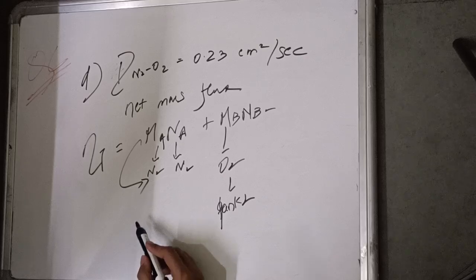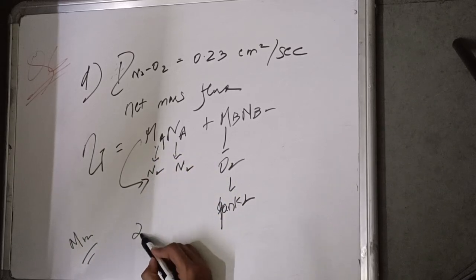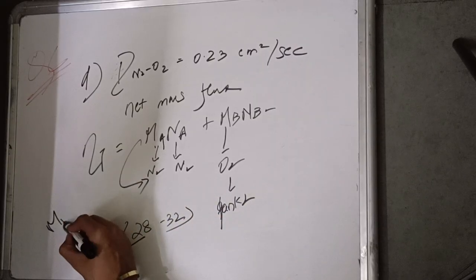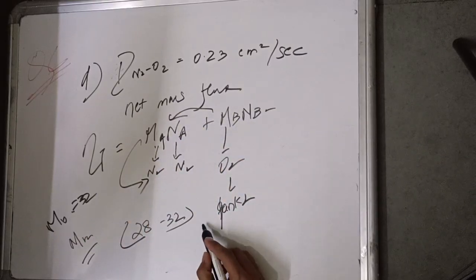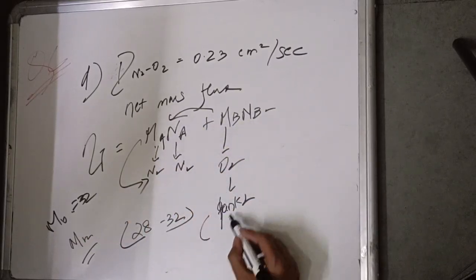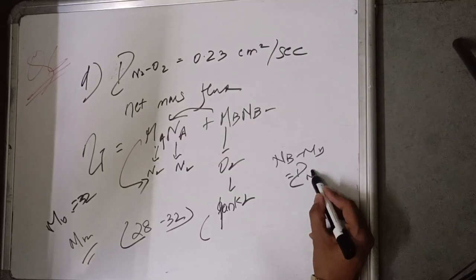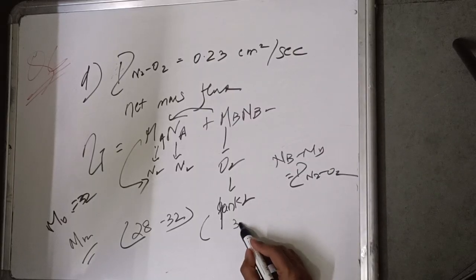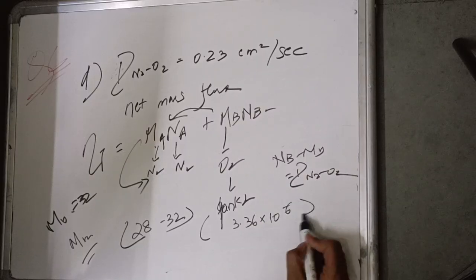Just calculate where the mass of N2 will be 28 minus oxygen, the mass of oxygen is 32. Taking this side, 28 minus 32 into our diffusivity, and B minus Na is the diffusivity, which we have just calculated, 3.36 into 10 to the power minus 6.